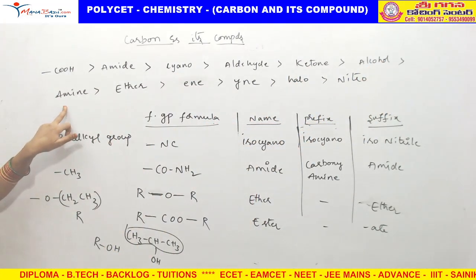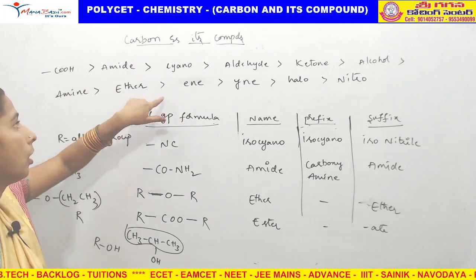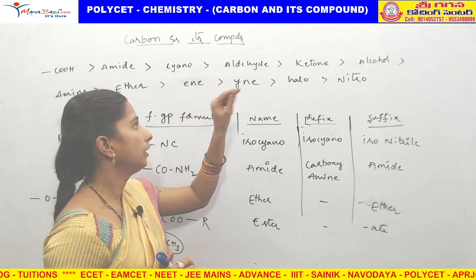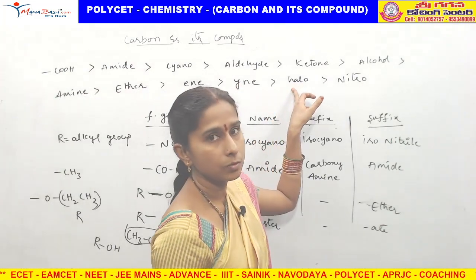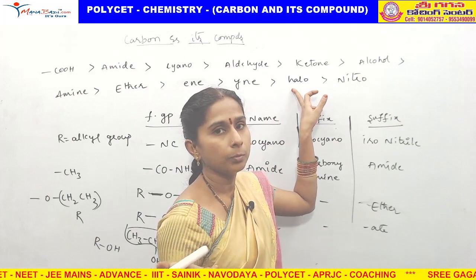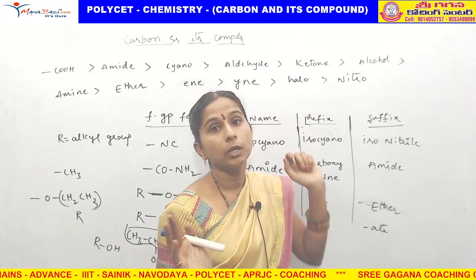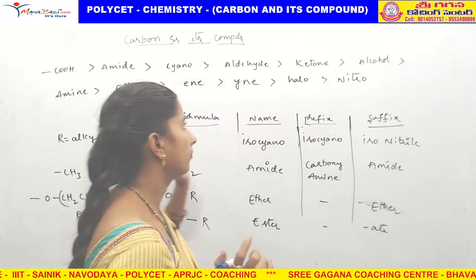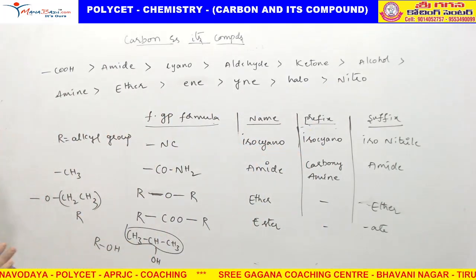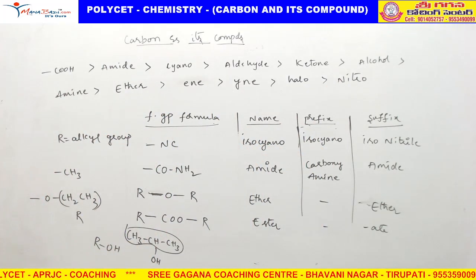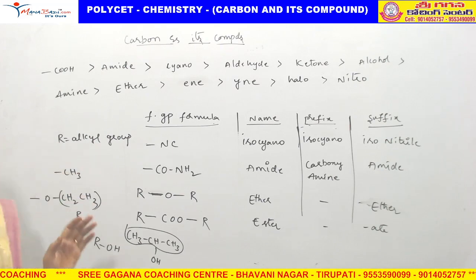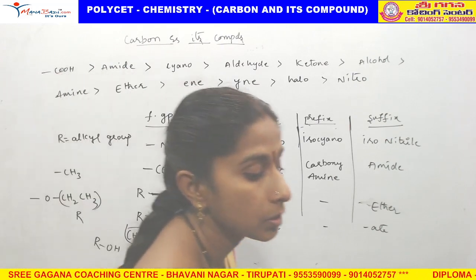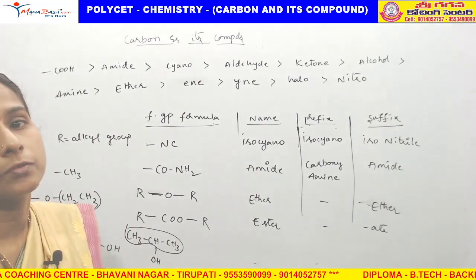After that amine, NH2, ether, ROR, ene, double bond, yne, triple bond, halo, any halogen, either fluorine, chlorine, bromine, iodine, and nitro, NO2 group. All these are the preferential order. Why have I given this list? Because we are going to the nomenclature of organic compounds, which is very important.